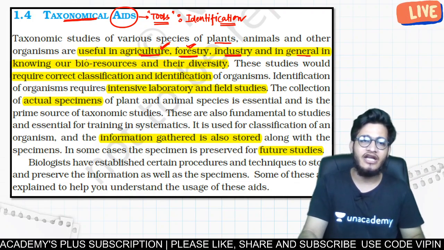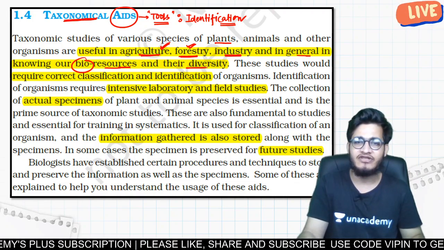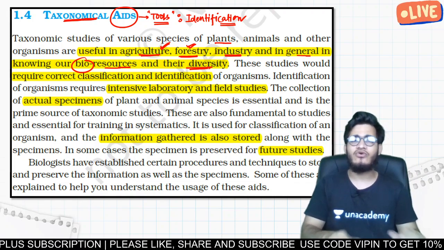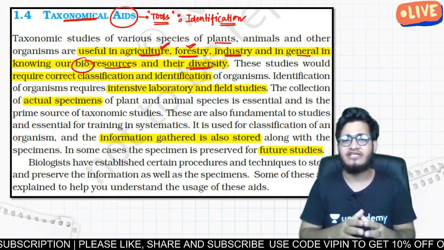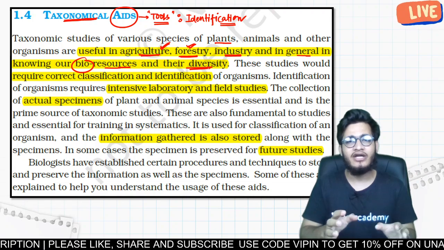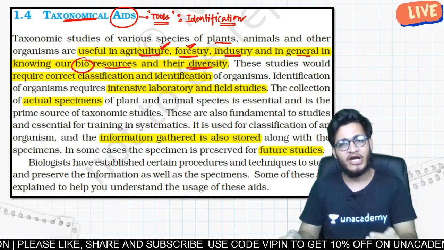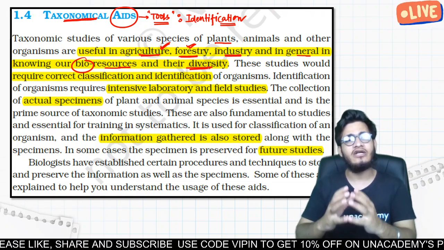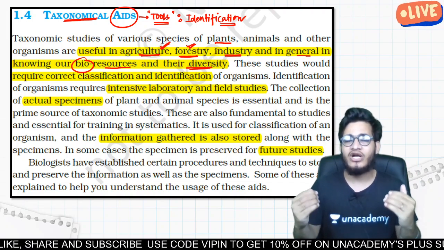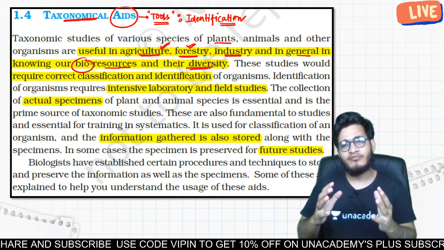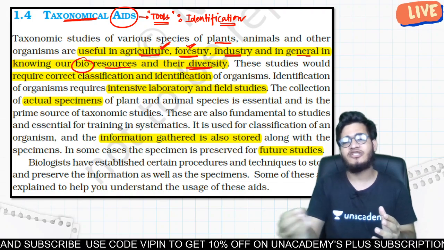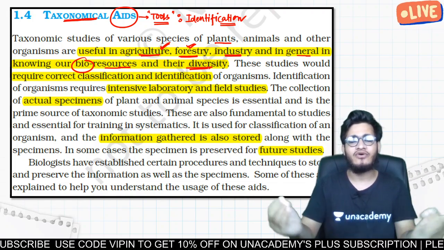And in general, in knowing our bioresources and their diversity. Let's say you are not doing any business, you are not commercializing anything, at that point you can just have a look at your biodiversity. You can note down how diverse the living world is and how many plant species you can gather from a particular area.